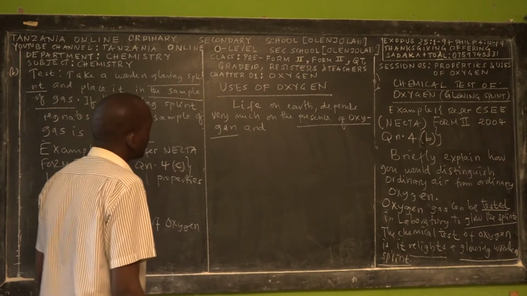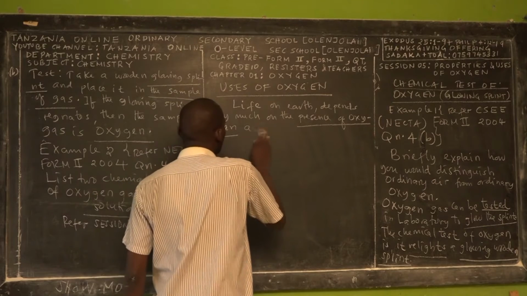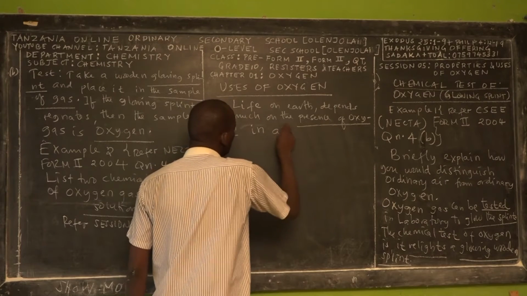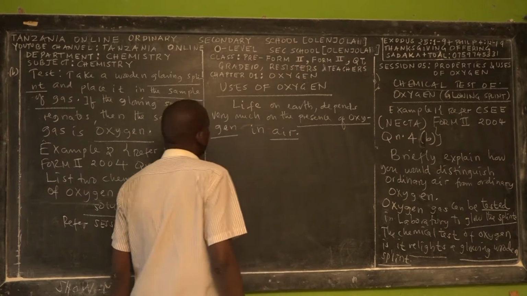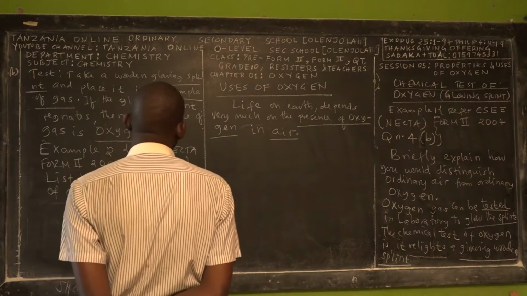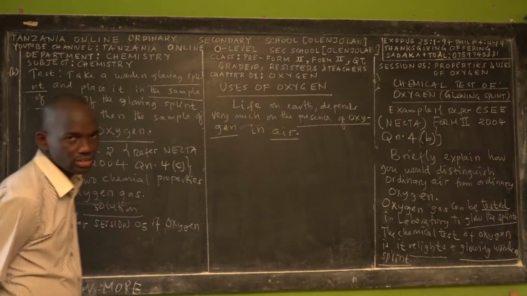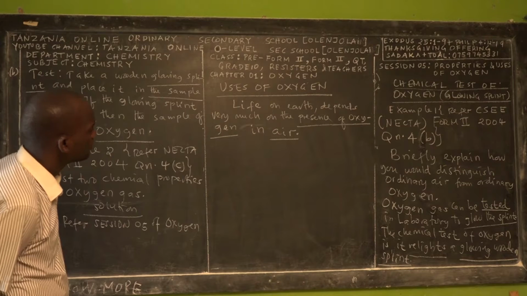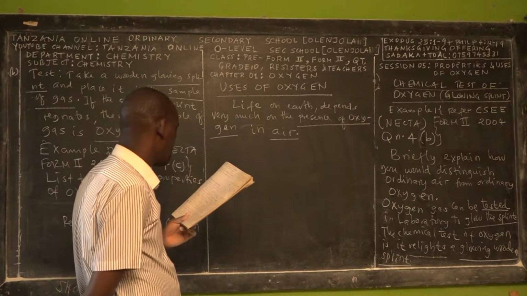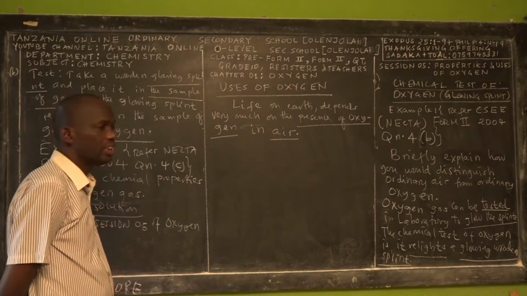Life on earth depends very much on the presence of oxygen in the air. So our life, plants' life, and animal life depend on this.